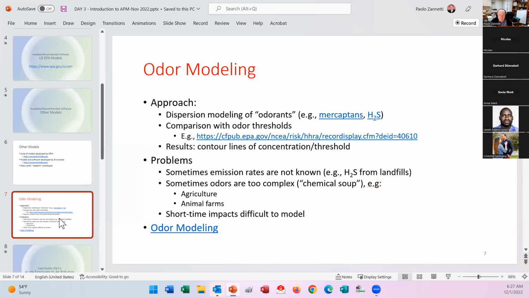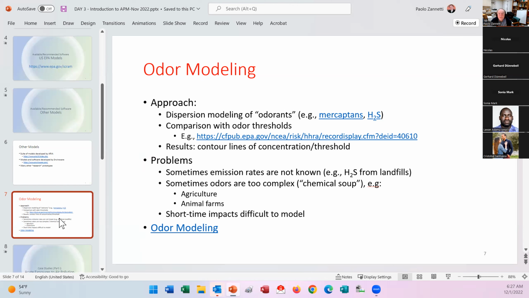For example, if you live near a paper factory, there are odor problems with H2S. If you live near a refinery, there are problems. If you live near a farm with thousands of cows or a slaughtering facility, there are odor problems. And the list is very long.